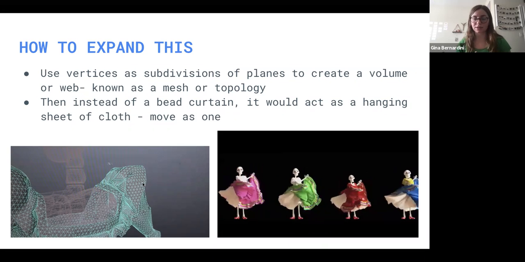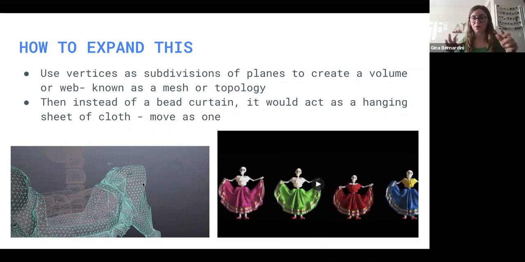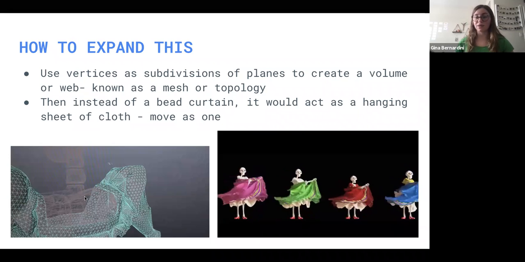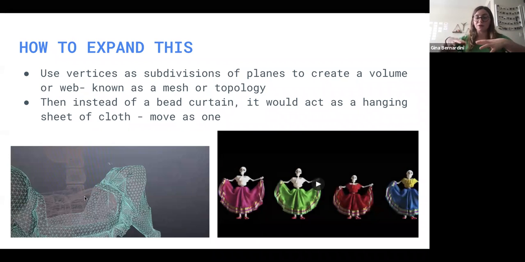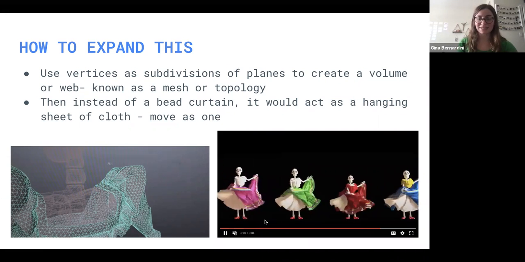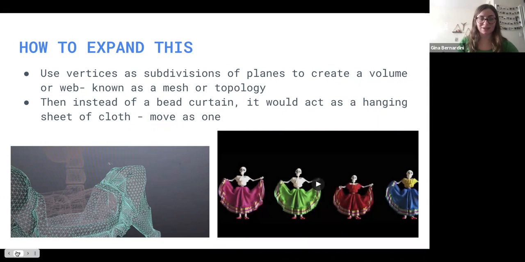Each one of those skirts is made up of its own mesh, but they're also reflective. They have all these other properties that make them look like silk, the way they're interacting with the actual character and the layers of cloth below it. It's amazing how this can happen from the basics that I just laid out.